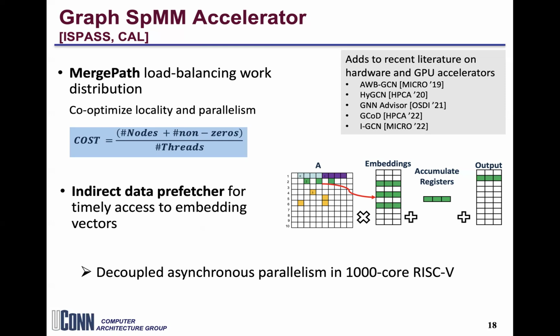Another thing that we found, which is the bottleneck in the SPMM, is this red path, where you have the rows of the graph, and then you are looking for the edges that that node is connected to. That edge connection is highly irregular. So when you find that edge connection, you have to go fetch the embedding vector associated with that edge, right?